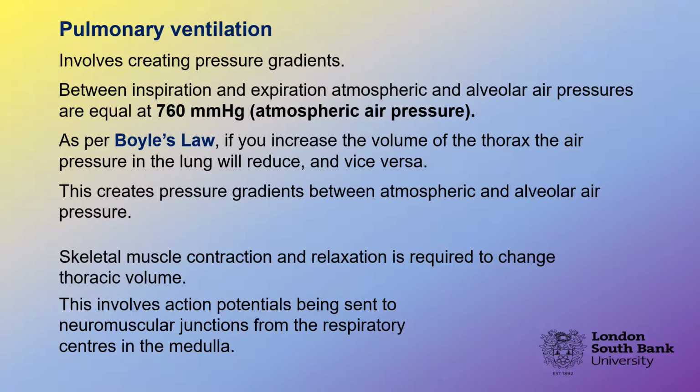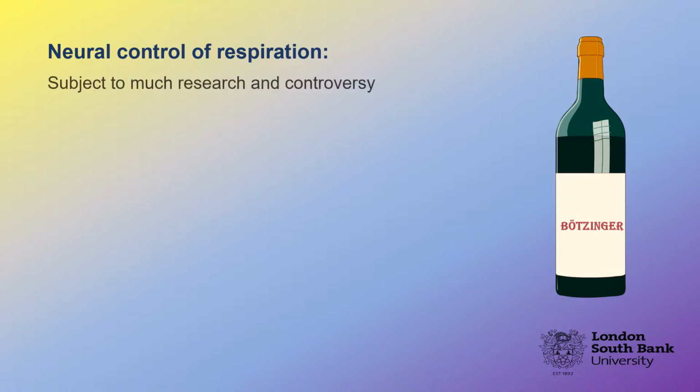You remember neuromuscular junctions, ACh is exocytosed, etc., from the respiratory centers in the medulla. So, in order to get those action potentials down to the skeletal muscles, we need some sort of neural control, some sort of stimulus, the origin of these action potentials.